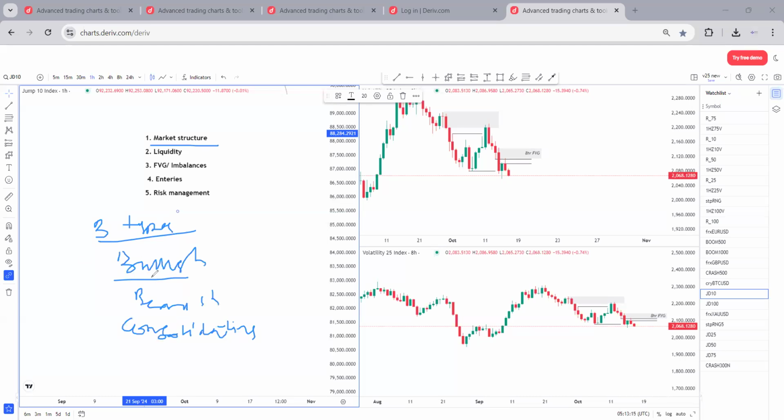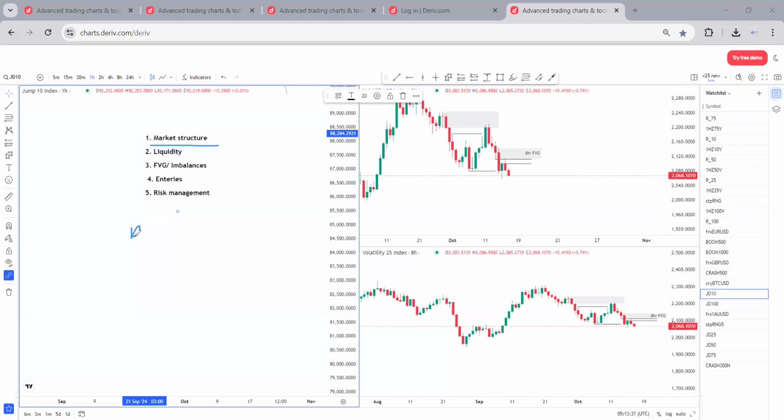So you are either bullish, bearish, or price is consolidating. And I would rather even reduce it to two. Let's just say we have two types of market, not three.